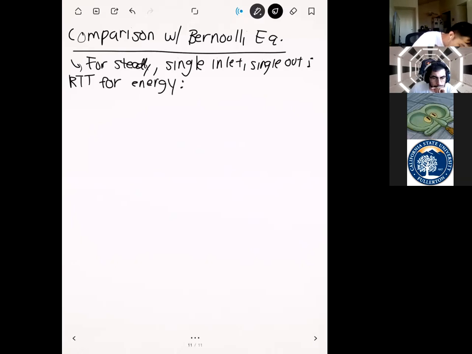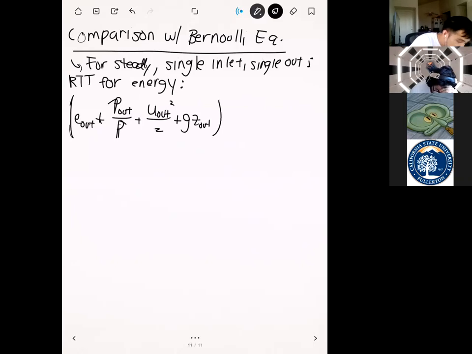And so we have E out plus P out over rho, plus U out squared over 2 plus g z out, times rho U out A out, minus the same quantities at the inlet.